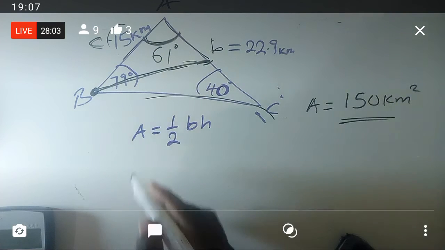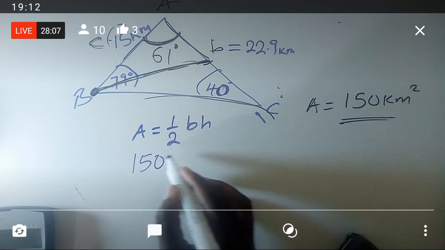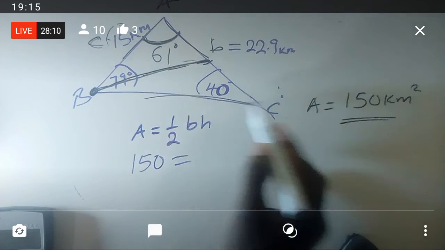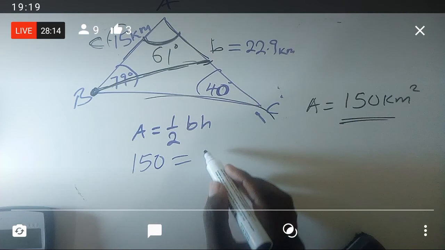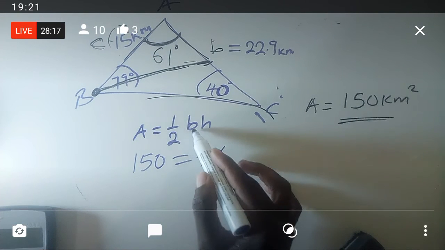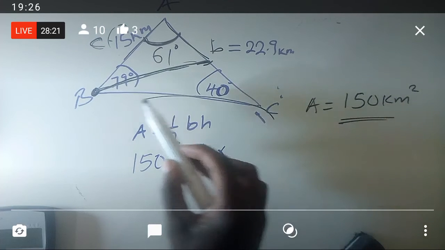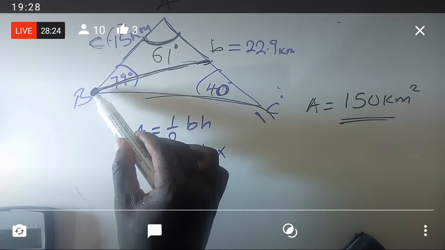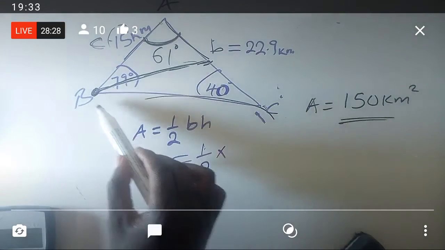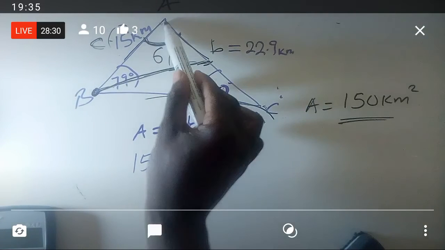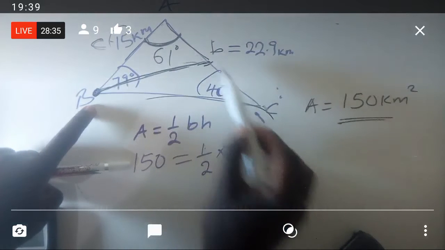So where you're able to see A, put 150 kilometers. This is the area of the entire triangle. So put it here. Where you're able to see B, put the length, which is this line, where this line is touching. So this length, you see, your AC, in this case, we are moving from B to AC. So your AC should be your B.